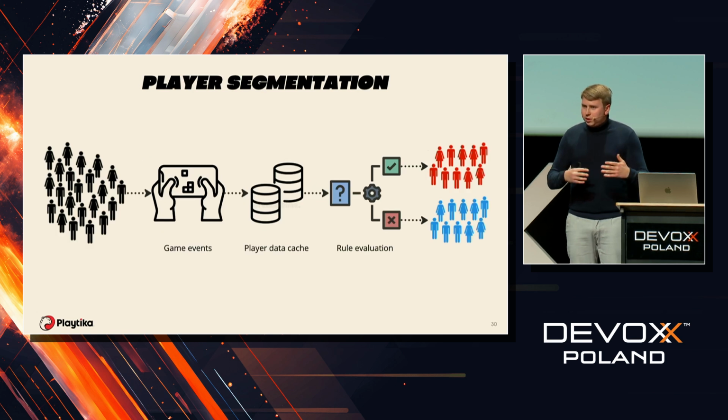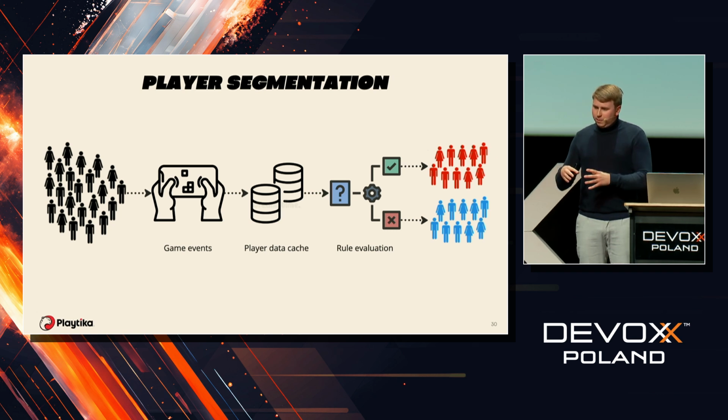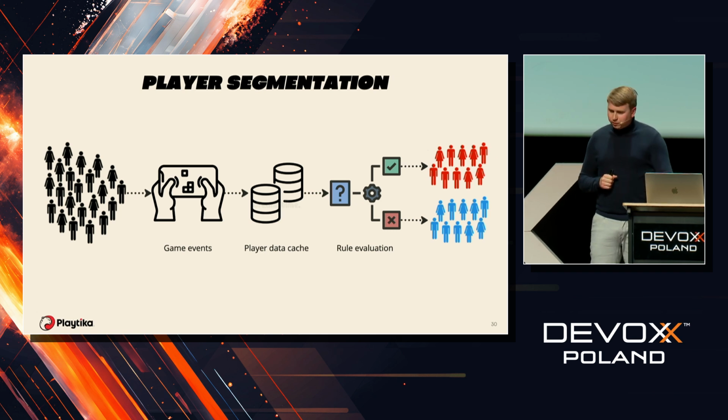In order to segment the players, split the populations, we need to collect the game events, put them into some cache, and then evaluate some business rules on top of this data. So we understand, OK, this user belongs to population A, and that user belongs to population B.